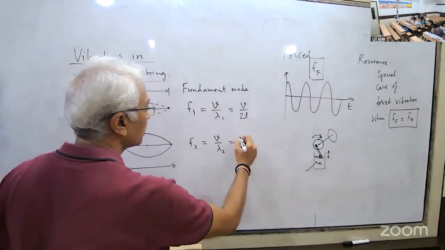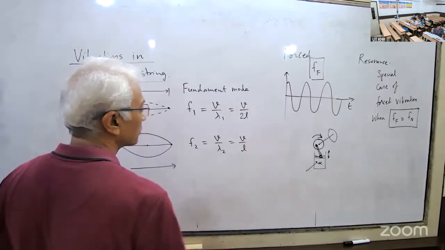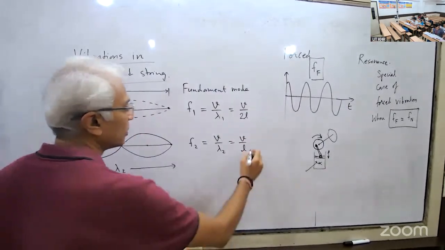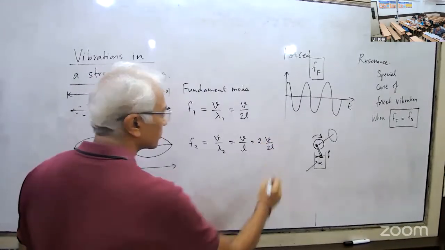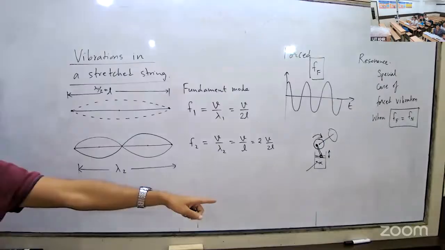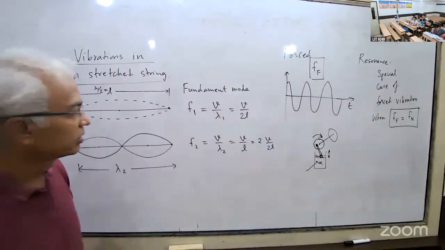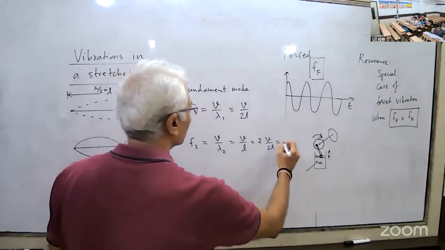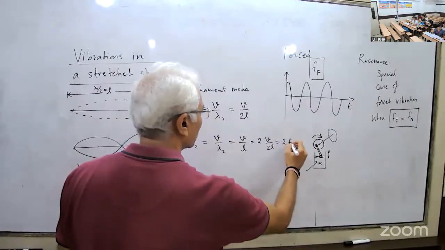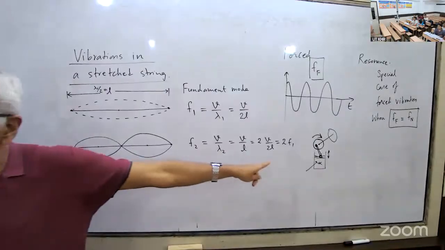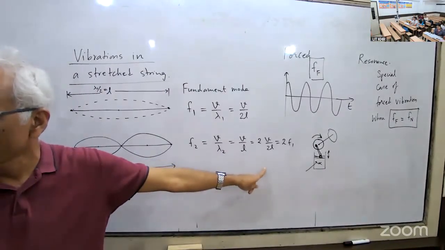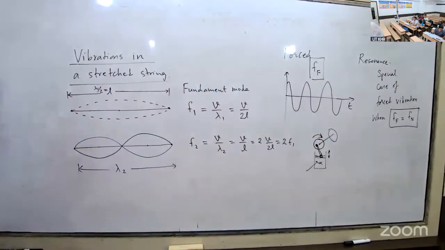This is V by L. Or can you write it as 2 times V by 2L? And what is V by 2L? F1. So the next frequency is the multiple of the fundamental frequency. Okay? Let us see the next one.